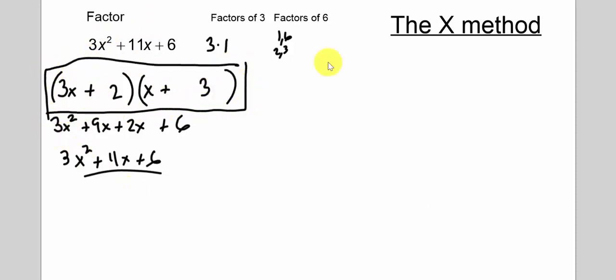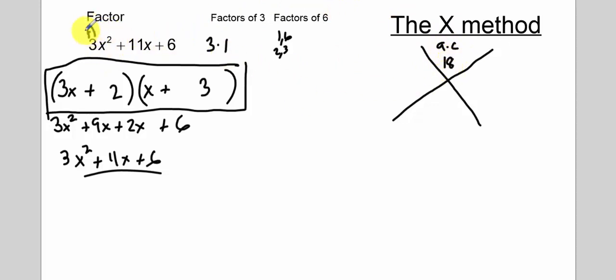Now I also mentioned we could do this factoring another way, and it's by using what I call an X method. Now let's draw an X, and what we're going to look for in this case is two numbers that give you the A times C product, or in this case 18, because that's 3 times 6.